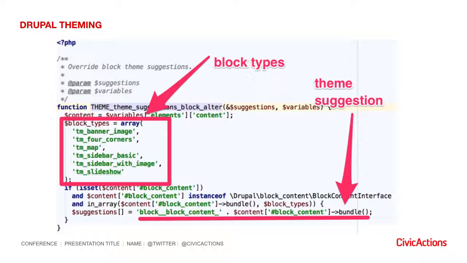So this is a little bit of code that you can see that basically we wrote a theme suggestion for blocks that uses the same naming convention by block type. So this is a really easy way for you to add these twig files inside of your theme by block type and have it work and have that markup be consistent. And by the way, this code goes into your .theme file in Drupal 8. It's a little bit different than 7.